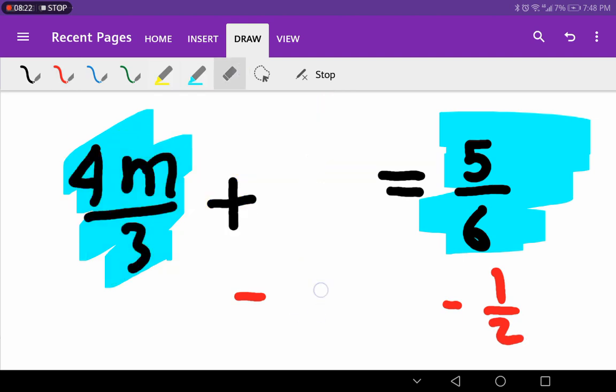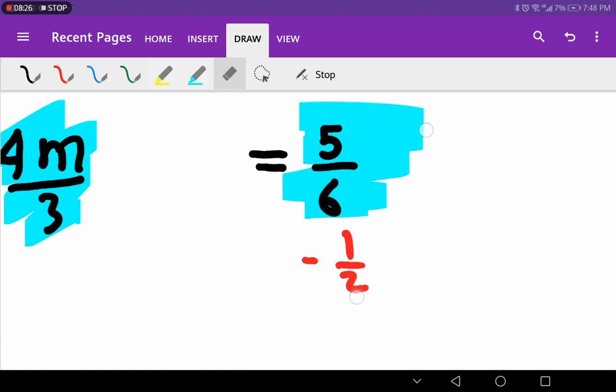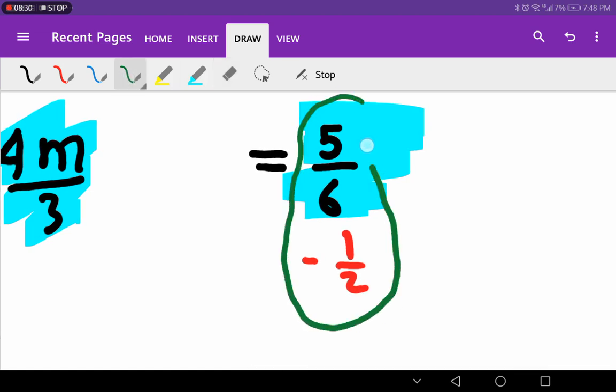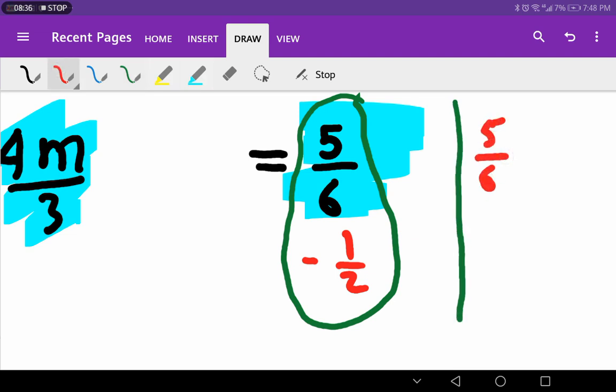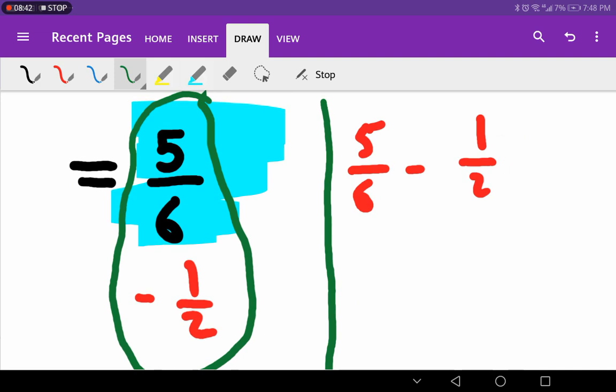So this will be eliminated, and here we have to do some calculation. So we take it beside here: 5 over 6 minus 1 over 2. We cannot subtract directly, because the denominators are different.